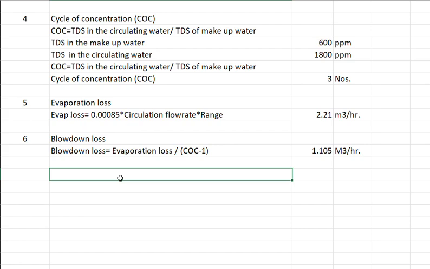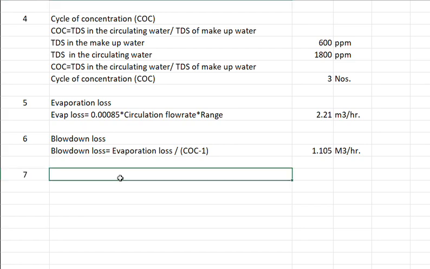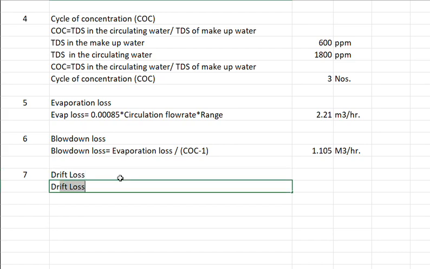Then we need to calculate the drift losses. How to calculate the drift losses? Based on the thumb rule, you can calculate 0.001 into the circulation water flow rate.